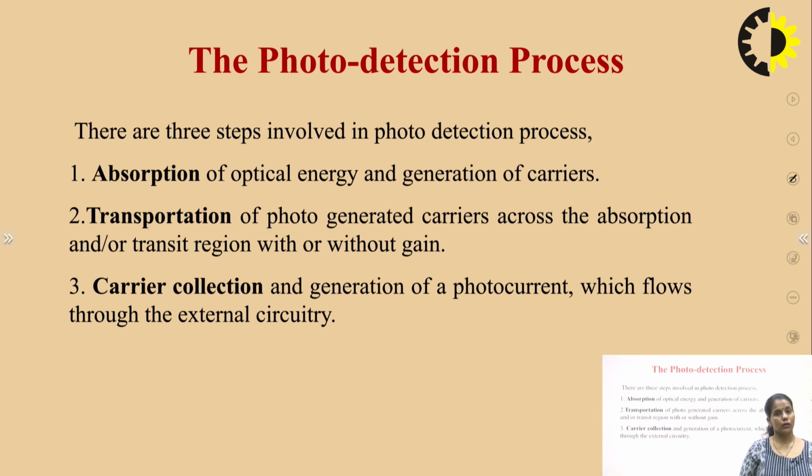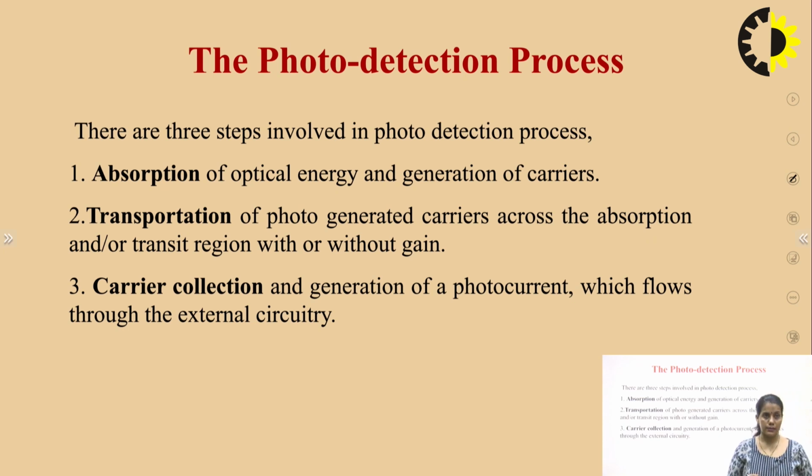When the carriers are produced, what will happen? They will get transported due to the high energy in them. The second step is transportation of photon generated carriers across the absorption or the transit region without gain. The last step is carrier collection and generation of a photocurrent which flows through the external circuitry.